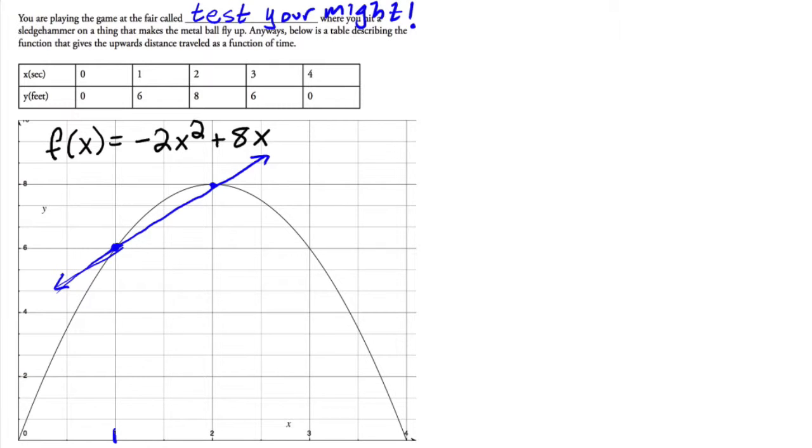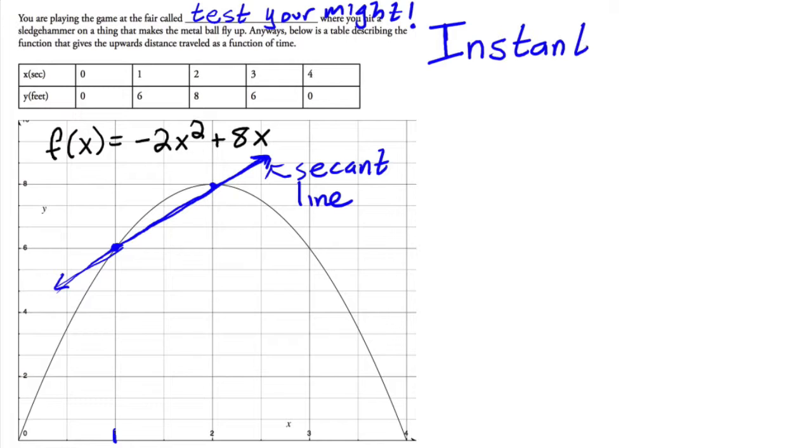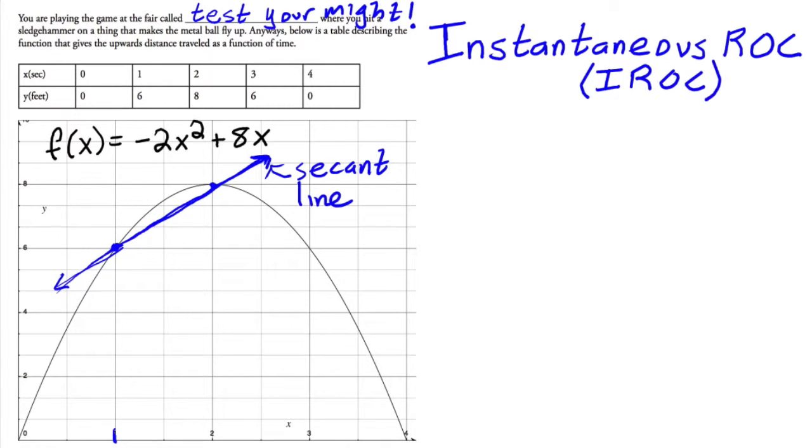But our goal is we want to find the instantaneous rate of change at that instant, because that's the most useful one. Or for short, we're going to call it IROC.